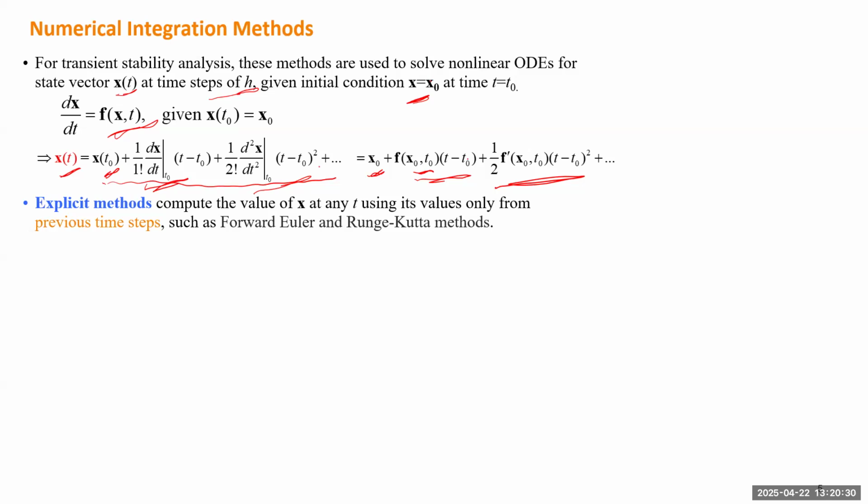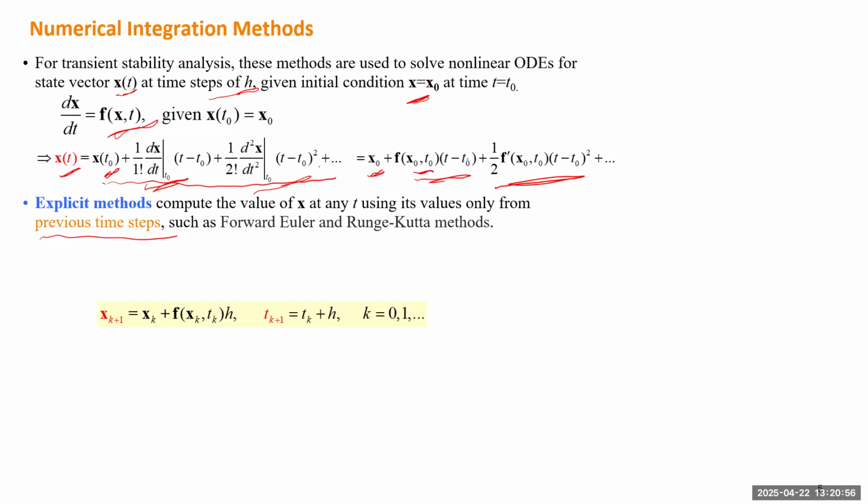As an explicit method, it computes the future value of x using only the value from the previous time step, which means you can go straight forward, using the old value to calculate the future value, then the future value becomes the old value and you continue this process. Examples would be the forward Euler method or the Runge-Kutta method.